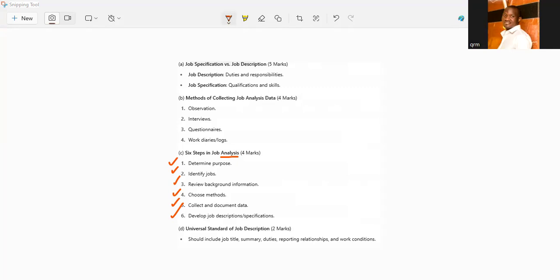You also need to examine the organization charts, the training manuals, and the performance evaluations, so that you understand the current state of the job. And if I am right, that means from a job analysis, there are only two outcomes which we get: a job description or a job specification. Exactly. Yes. Okay, thank you.